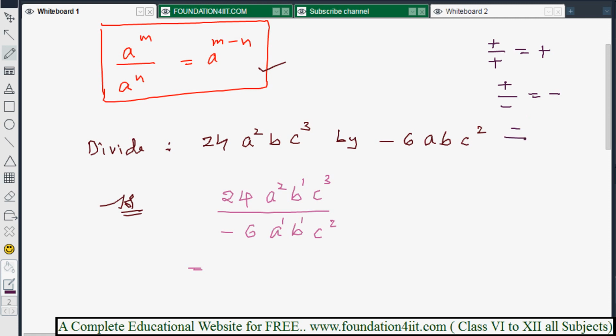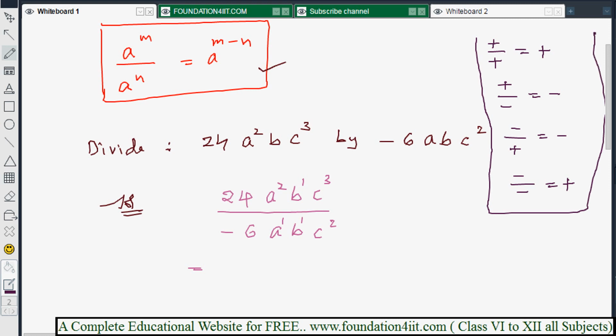And minus divided by plus is a minus. And minus divided by minus is a plus. The same multiplication rules will apply even for divisions. So overall, here 24 is positive, 6 is negative. So plus divided by minus is minus. Finally negative it is. And 24 by 6.